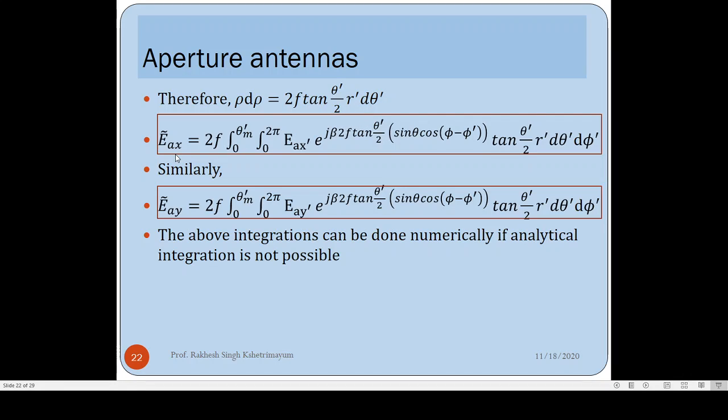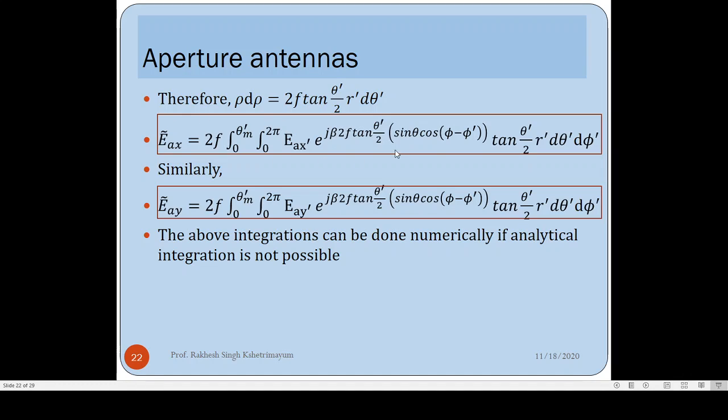So you can replace that in the previous expression for the 2D Fourier transform, and what you can see is that the final integration will be with respect to d theta dash and d phi dash. Phi dash is going from 0 to 2 pi, theta dash is going from 0 to theta m dash.